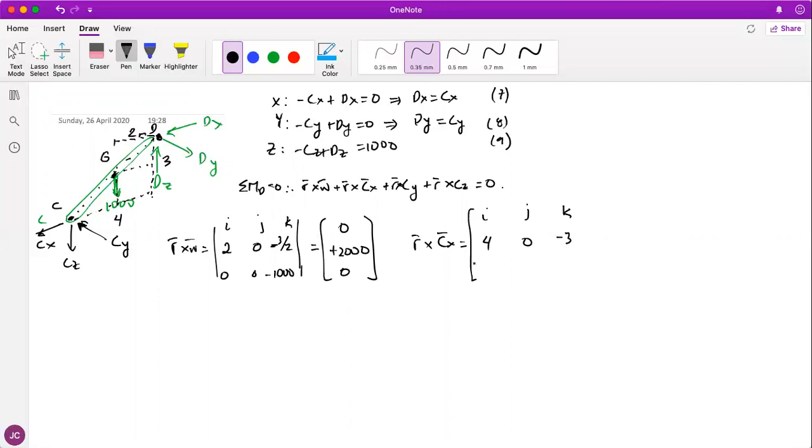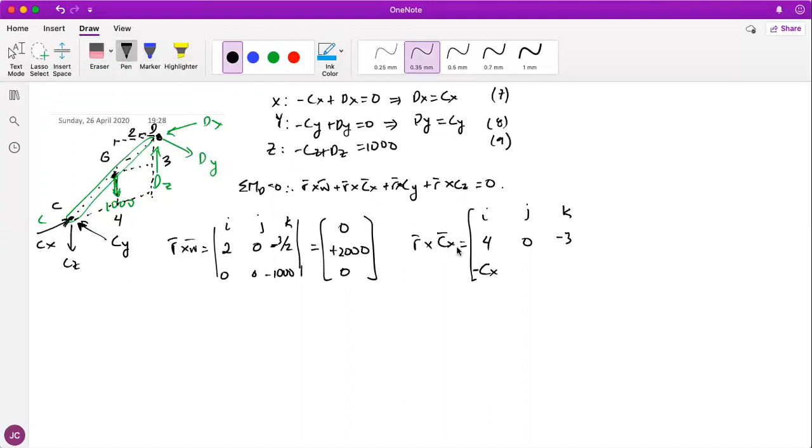Now I'm doing Cx, so it's minus Cx according to this. Oops, well, this is wrong. This is right over here, but this part is wrong. The arrow should be pointing inside, right?